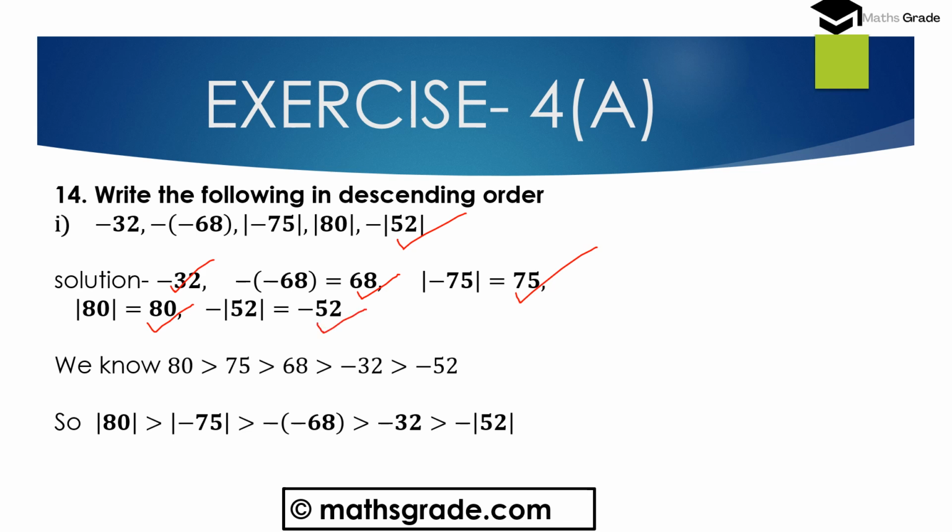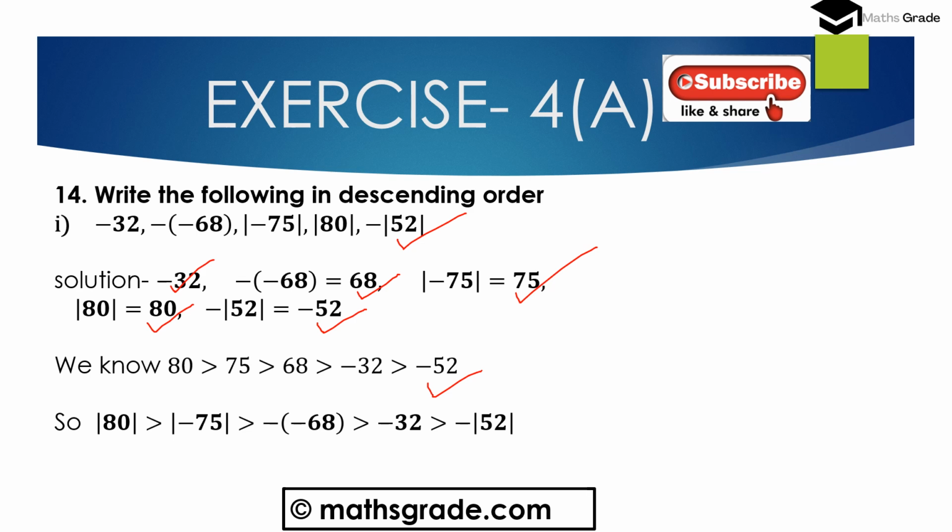We know 80 is greater than 75, is greater than 68, is greater than minus 32, is greater than minus 52. Minus 52 is the smallest integer, and 80 is the greatest integer.